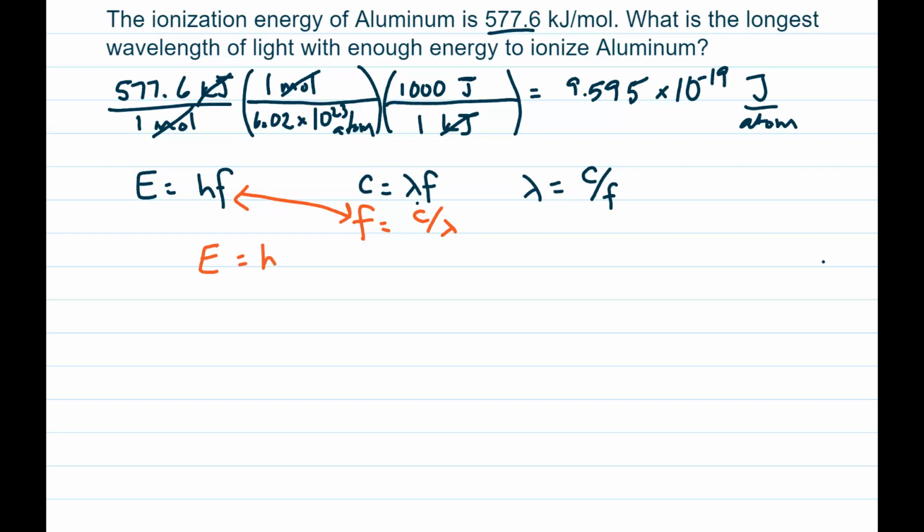So maybe I could just use this, where instead of using HF, I've used C over lambda because that's equal to F. If I write that, and then I'm going to solve that for lambda, because that's what I want, a wavelength that has that energy, that's going to be HC divided by E. And now I can go to the wavelength in one step instead of two.